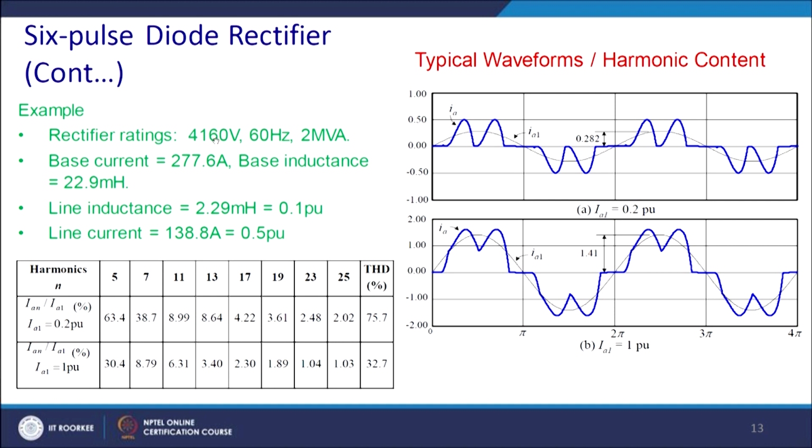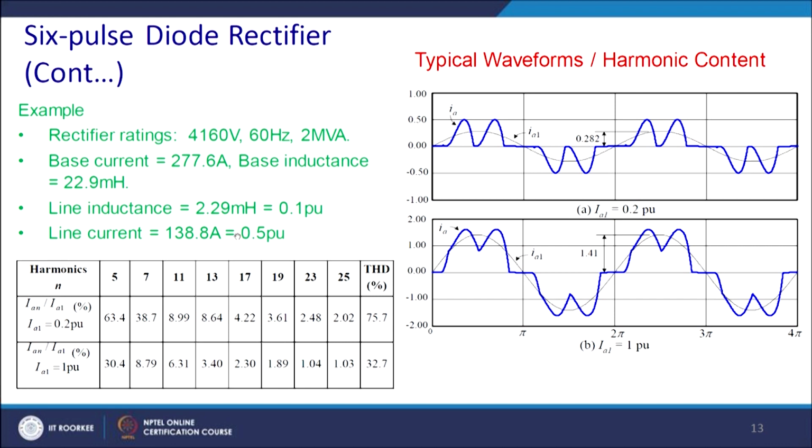We have a 4160 volt, 2 MVA rectifier and a base current as high as 277 ampere, and a base inductance of this value. Line inductance will be, let us say, 2.29, that is 0.1 per unit, and the line current is assumed to be half of the rated current of 277.